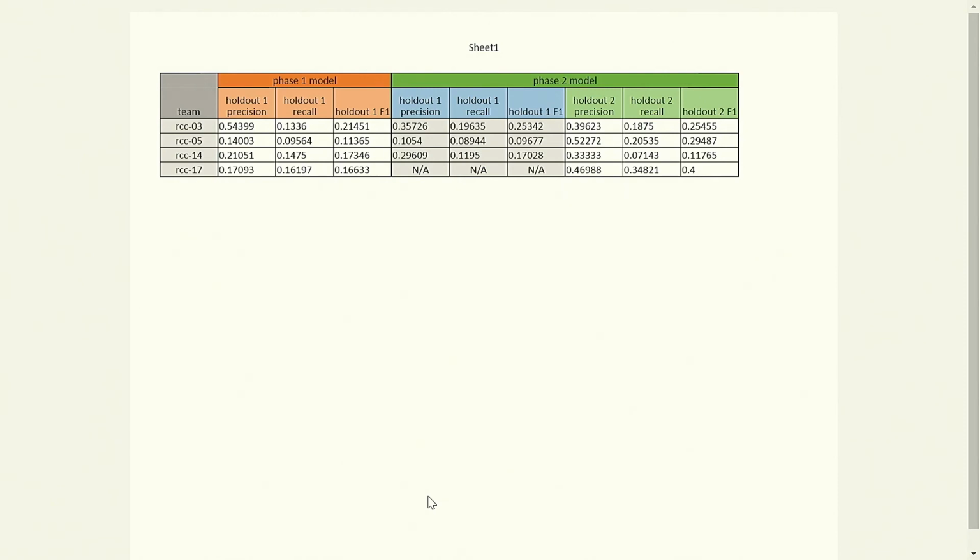So we tried to make scores. We wanted to make some indication of numbers that people would know how to interpret if they know machine learning. So for the phase 1 holdout, we were judging the model's performance based on the citations within publications that were present in that ICPSR data set. So these were just the ICPSR data sets that ICPSR had said were used for analysis within the publications.